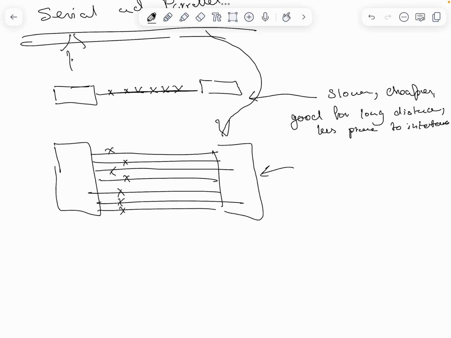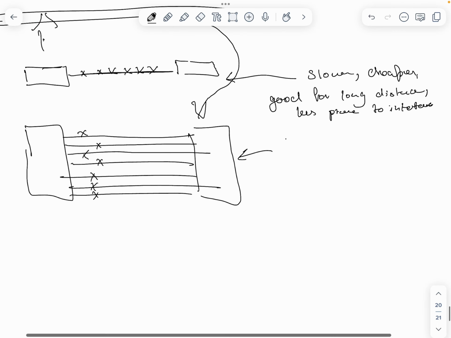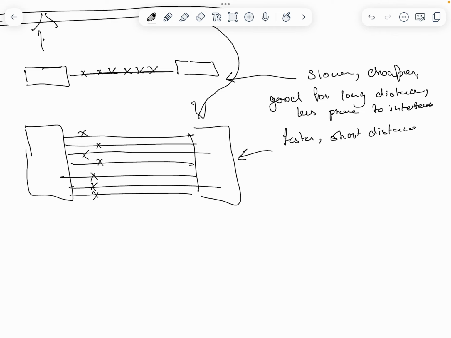I'm going to talk more about that in a second. Parallel is much faster, short distances only. It's more expensive though, and it is more prone to interference.